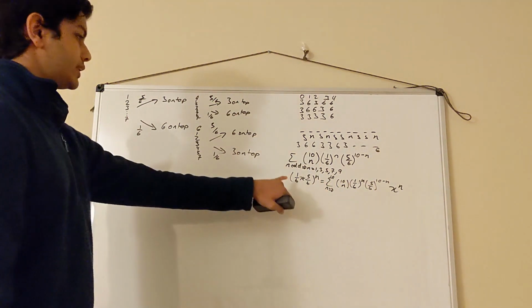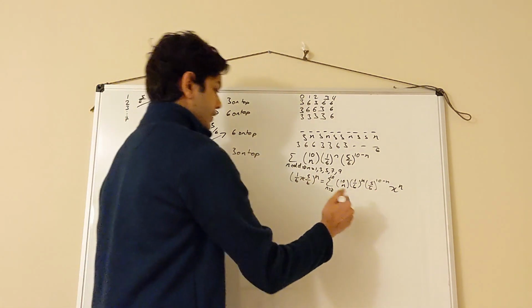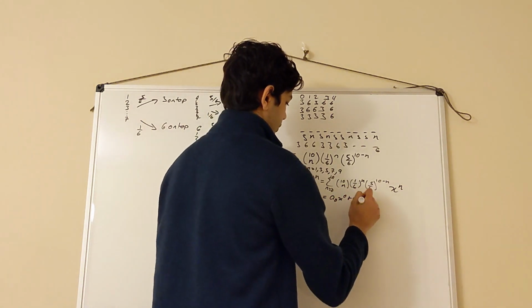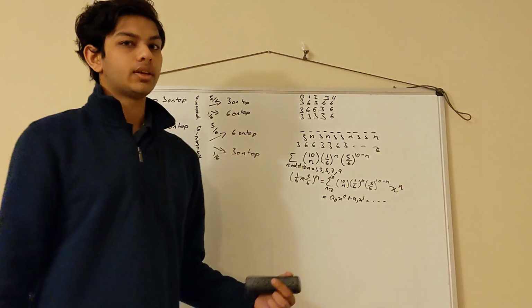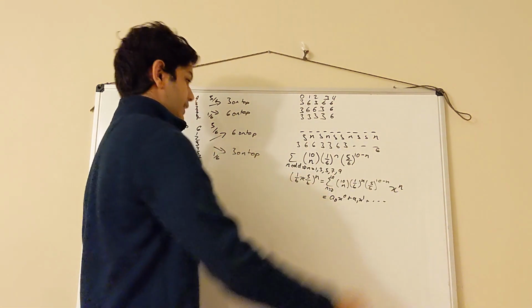And so the advantage of doing this is that now we have a variable here, and we have some coefficients to the variable, so it's just like some sum a0 x to the 0, a1 x to the 1, plus so on and so forth. And we want to sum over all the odd coefficients, so a1 plus a3 plus a5 plus a7 plus a9.